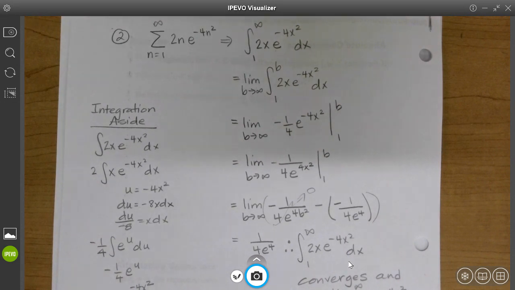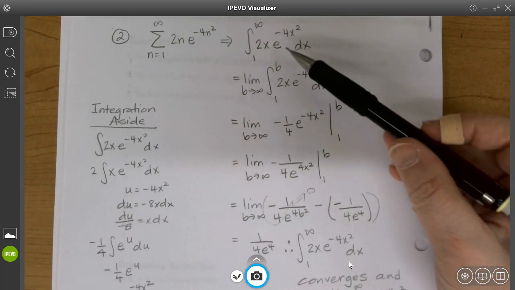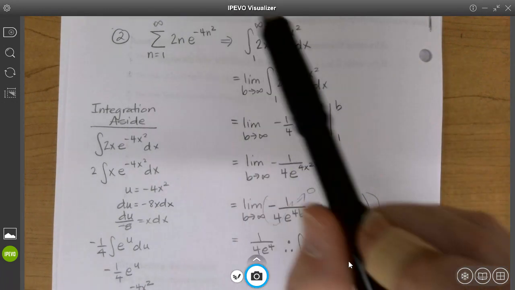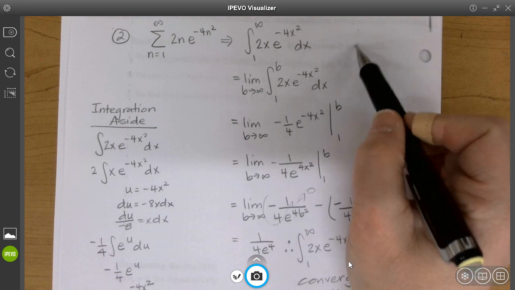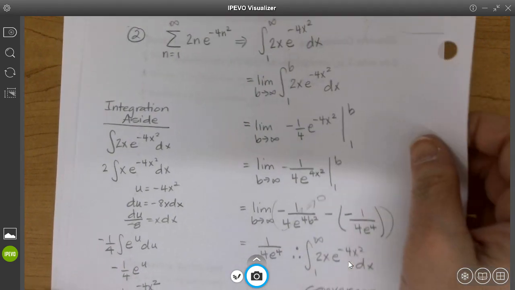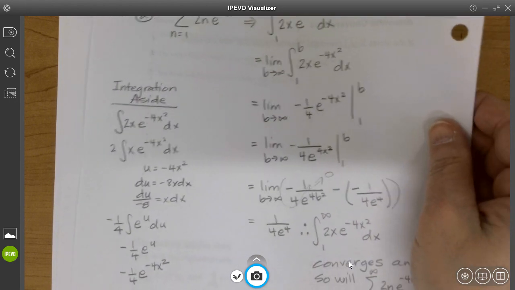But I will let you verify that on Desmos. But think about it, e to the negative 4x squared, e to the 0 is 1. So it's going to start up here and then, I think, come back down. But we'll verify that at a different time, because this is just a summary of the tests.